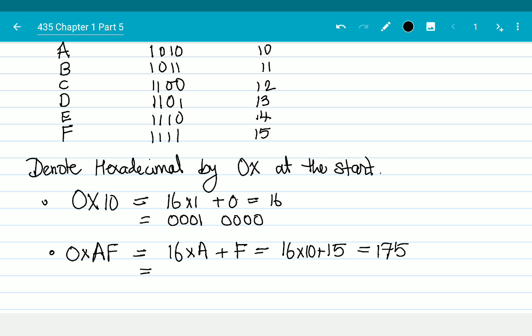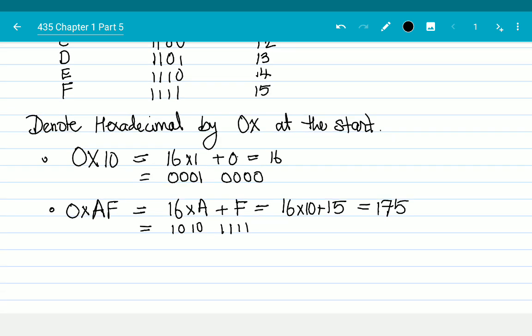In terms of bits, this is 1010 1111. You're saving it into different bits. So each byte is of length 8. Generally, all of such messages are used to code messages in ASCII.